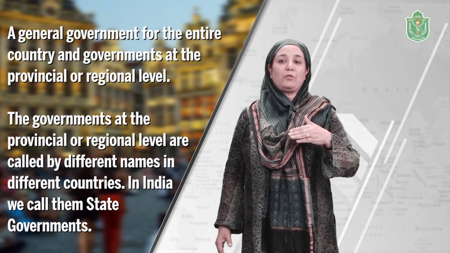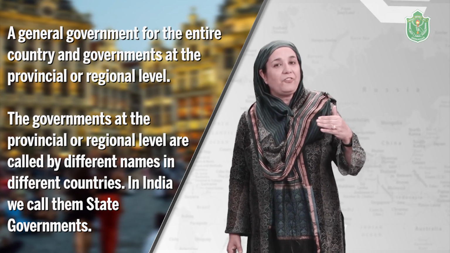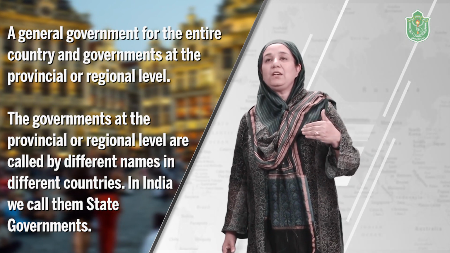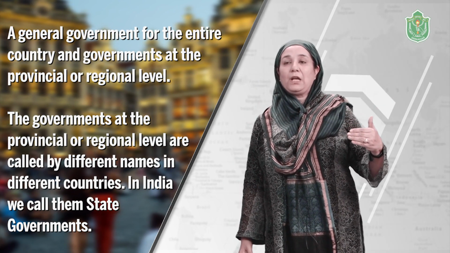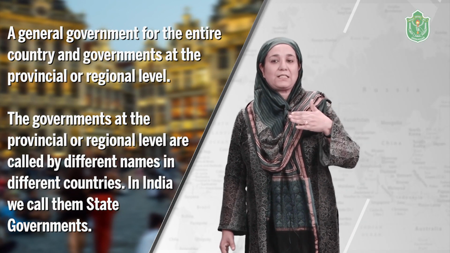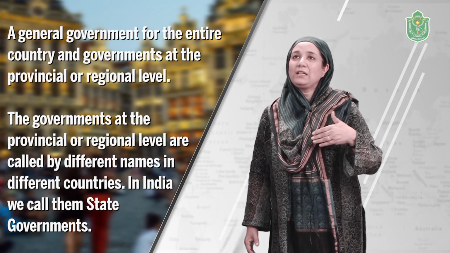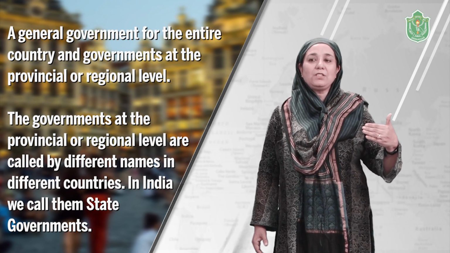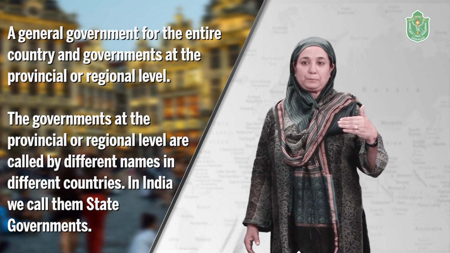A general government for the entire country is, children, called the federal government. In India, we also call it central or union government. The government, children, at the state or regional level is known by different names.